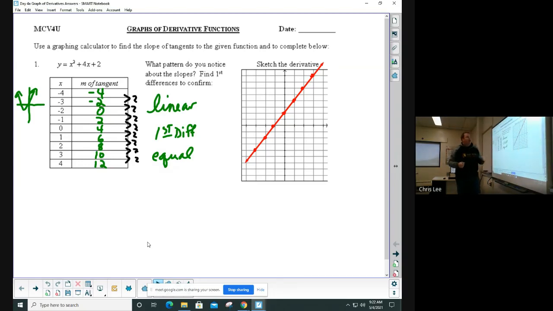And it's not a surprise that the line has also been shifted left. If the parabola has been shifted left, then the line has been shifted left. Why? Because remember, the derivative describes the shape of the curve. It describes the steepness of the curve.